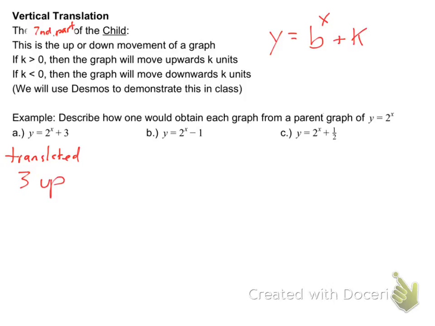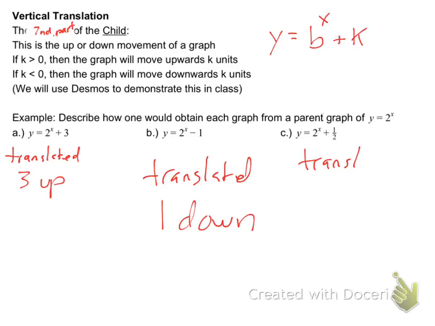It's at the end, so this goes either up or down. Part B says it's translated one down. C, 1/2 up. It's as easy as that, guys.